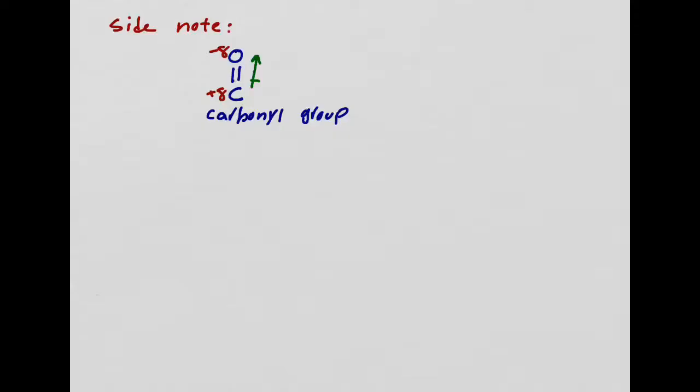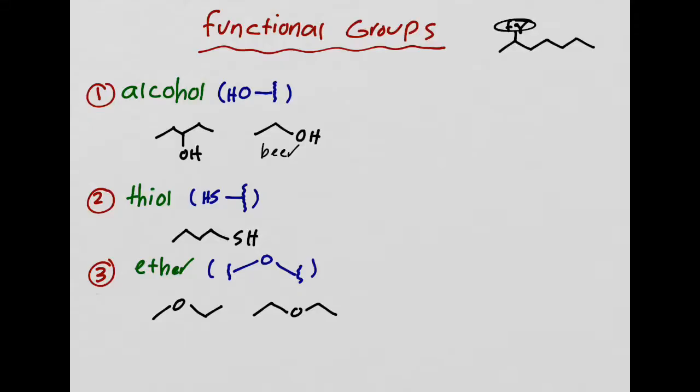So I need you to remember that C double bonded to oxygen is called carbonyl, and you're going to see that a lot in organic chemistry. So that was our side note. You're going to see this all the time. Again, remember this carbon is pretty reactive because it's desperate, it doesn't have any electrons. So alcohol, thiol, and ether.